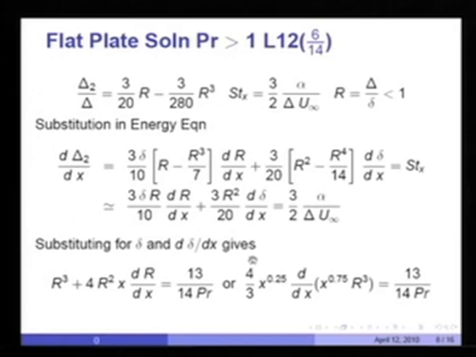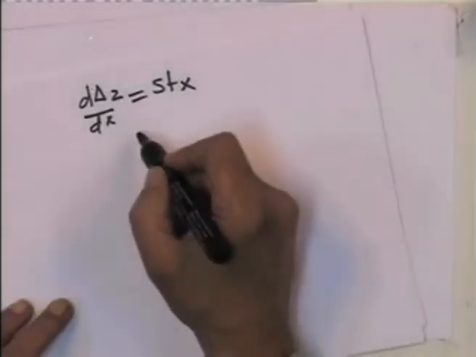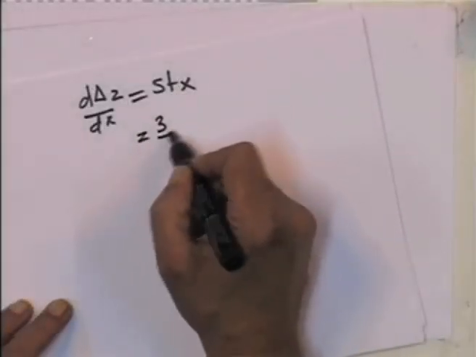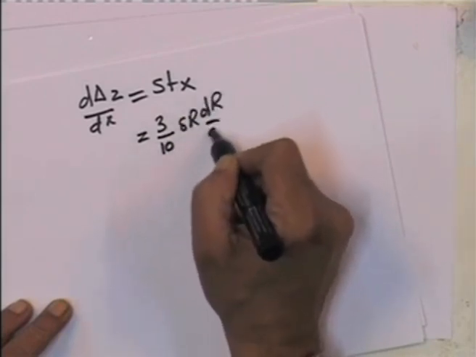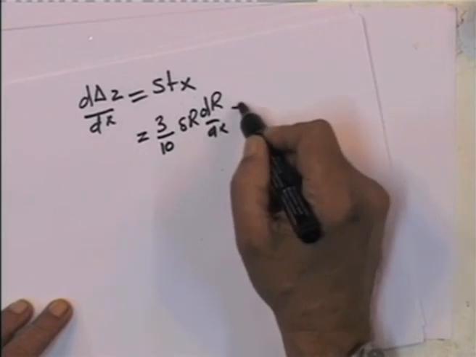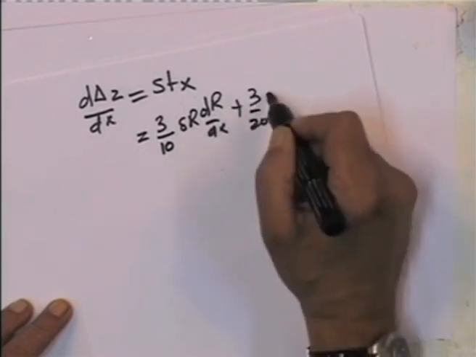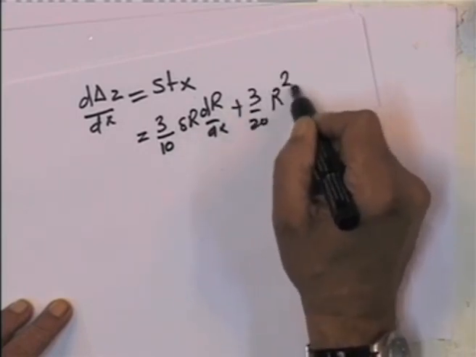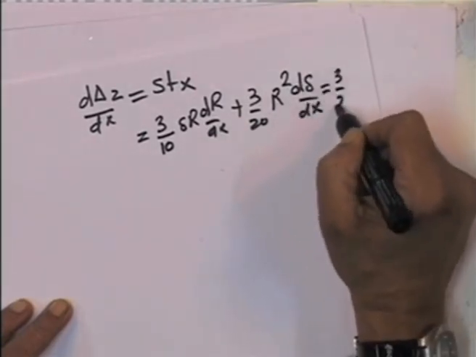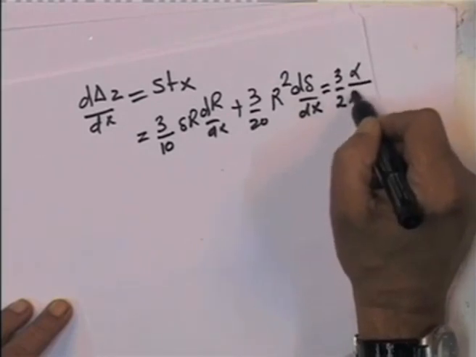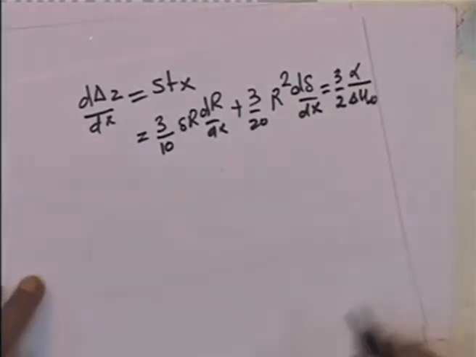So, I get essentially d delta 2 by dx is equal to 3 by 10 delta r dr by dx plus 3 by 20 r squared d delta by dx equal to 3 by 2 alpha times delta over u infinity.